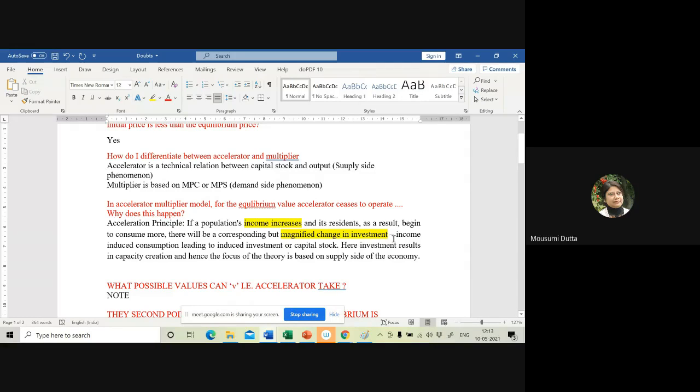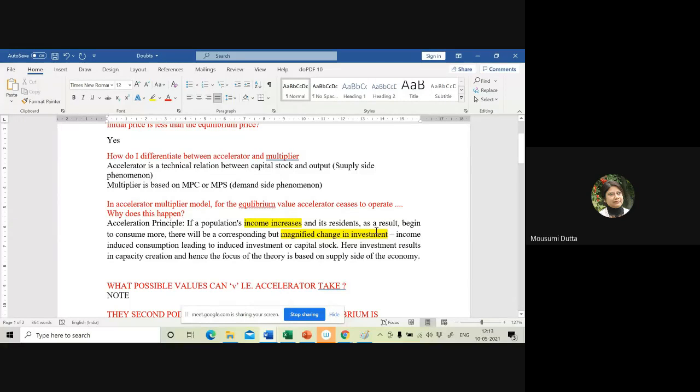This investment may be induced investment through the consumption channel, or the economy may directly take a decision regarding more investment. So there are two ways by which you can improve the investment position.